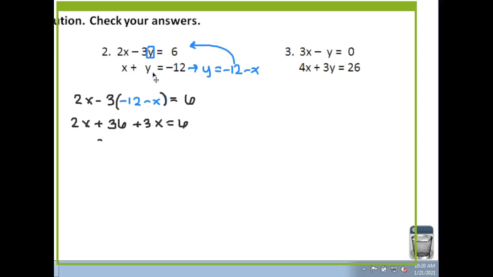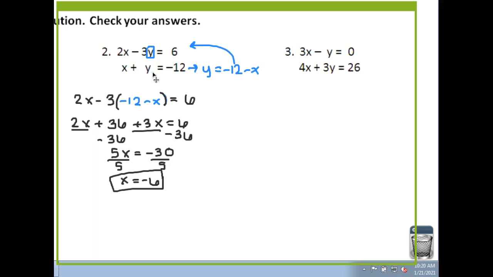Combine like terms, so I'm going to subtract 36 from both sides. 2 and 3 add together to give me 5. 6 minus 36 is negative 30. Divide both sides by 5, and I get x equals negative 6.